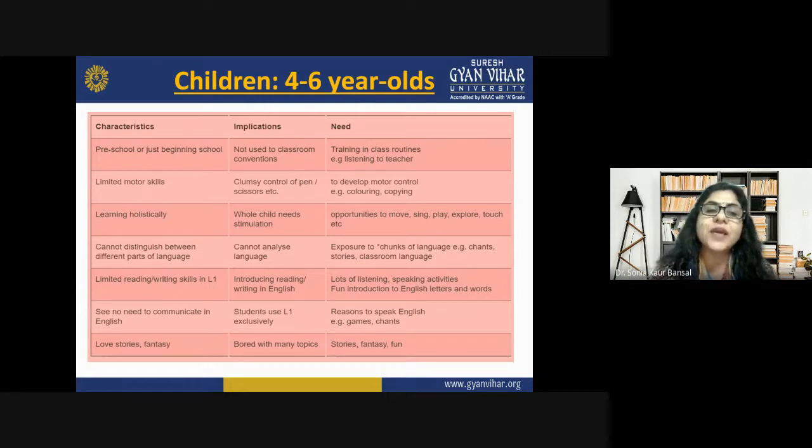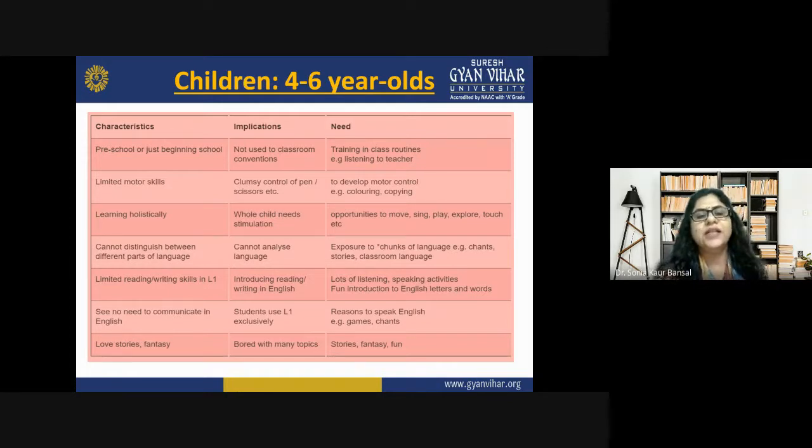We have some characteristics, implications, and needs. What is the need of 4 to 6 year old children, what are the special characteristics, and what are the implications? We are going to discuss it in a table form. On your screen you can see a table.